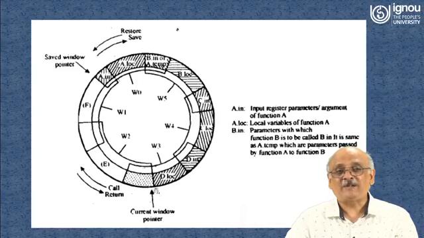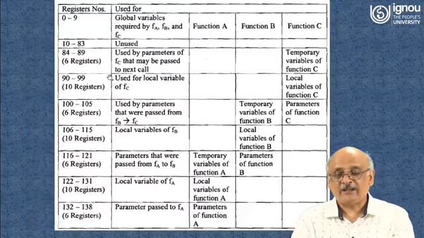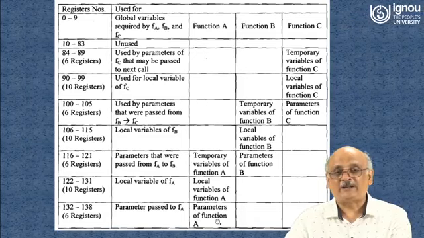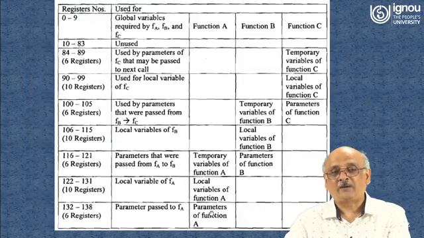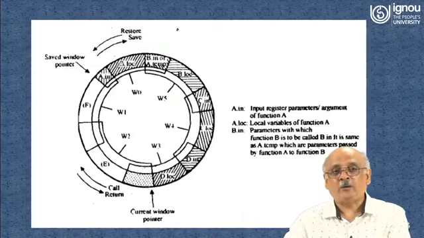The similar thing has been shown with the help of a circular buffer. So this A input is basically equivalent to the parameters of function A, right? So A input came from, let's say, the calling program, that is your command line argument. Then A local variables.